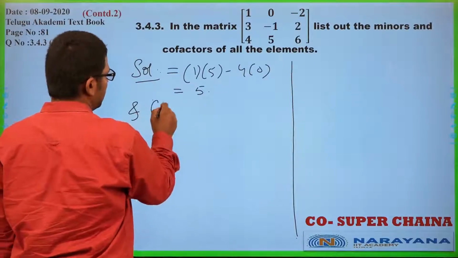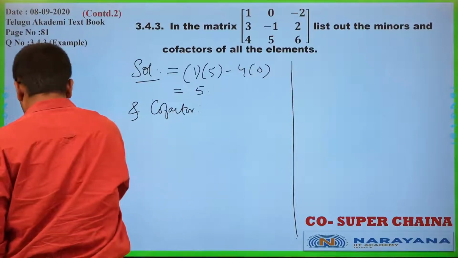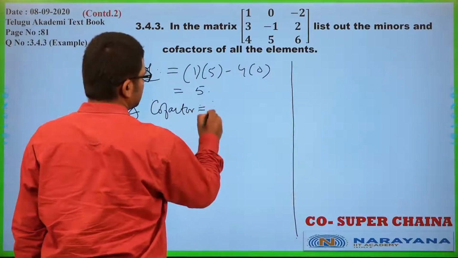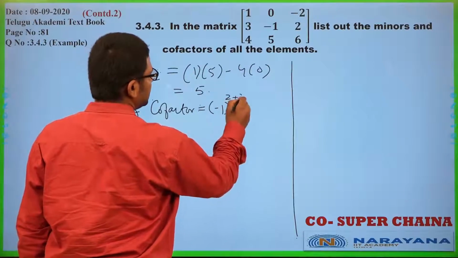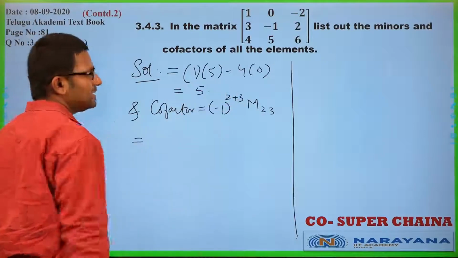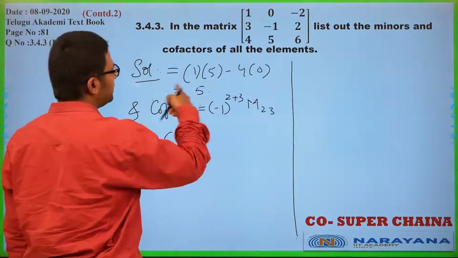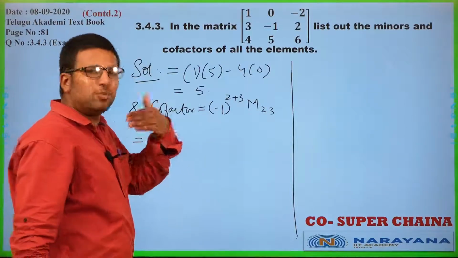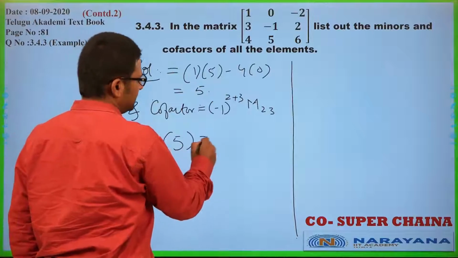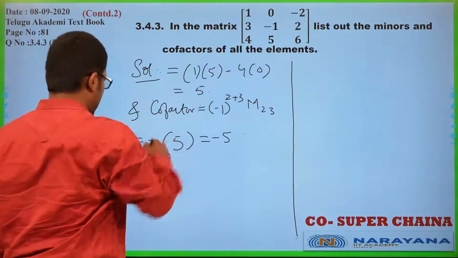And the cofactor of this element, we are dealing with 2, 3 here, is minus 1 raised to 2 plus 3 M23. Minus 1 raised to 2 plus 3 is minus 1. We'll put a minus outside. M23 is 5. Therefore, this is minus 5, right? Okay, we are done with the second row.